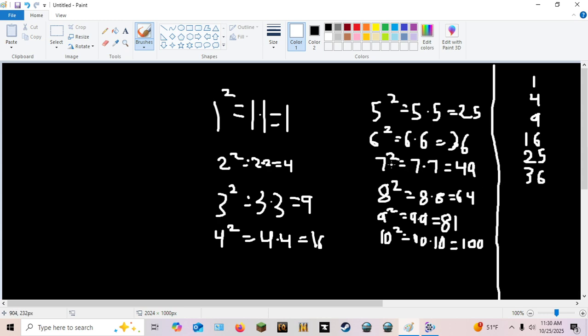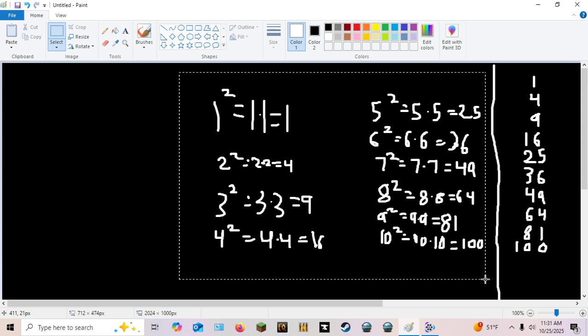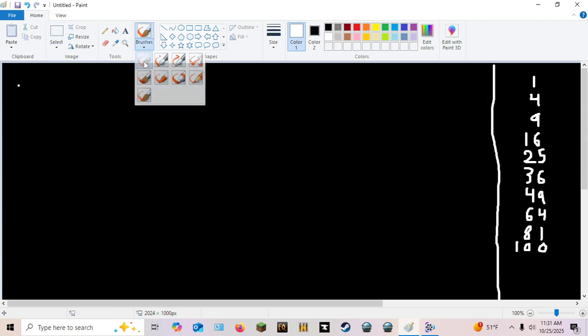And then 7 squared is 49. And then 8 squared is 64. And then 9 squared is 81. And then 10 squared is 100. Okay. So, yeah. Those are the perfect squares for part 1.